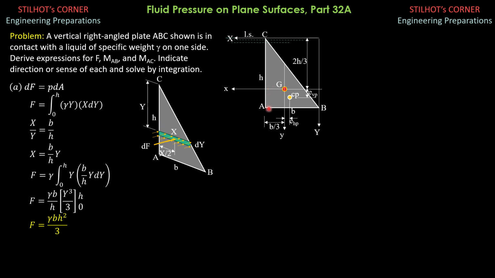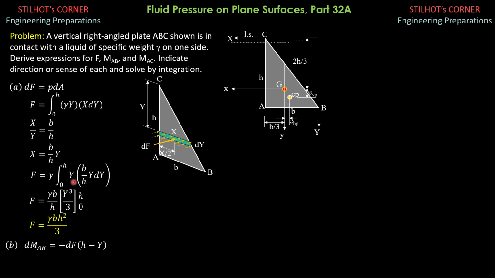So moment about AB is positive F times this distance, which is h over 3 minus AVP. So differential moment about AB is differential F. Because this is by integration, it is differential F times moment arm, which is this, small h minus y.